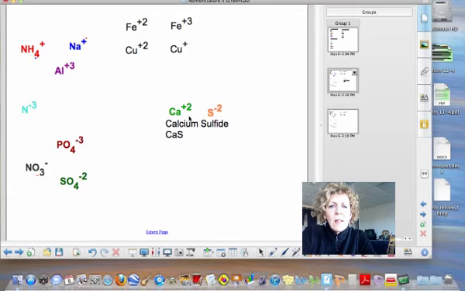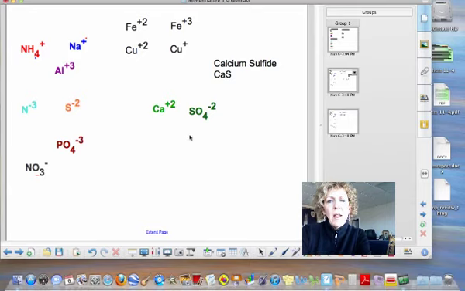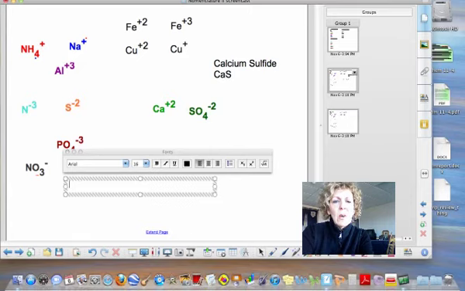Okay, cool. All right, so let's drag this up here and let's leave calcium, but this time let's use a polyatomic. Let's make calcium bond together with sulfate. So here's calcium, and this is sulfate, a polyatomic ion. I see my charges are still going to balance out, so I'm going to call this calcium sulfate.